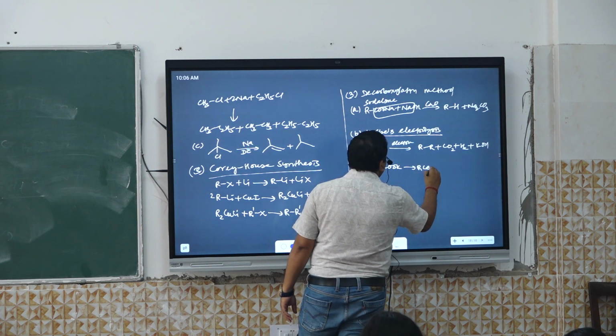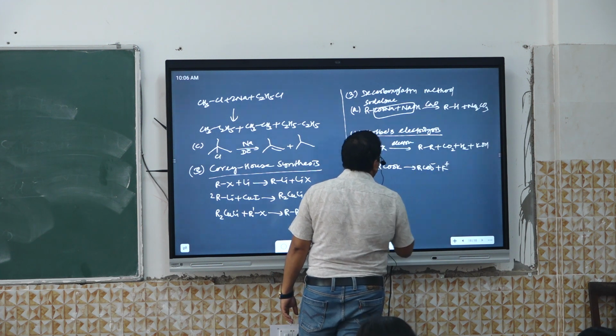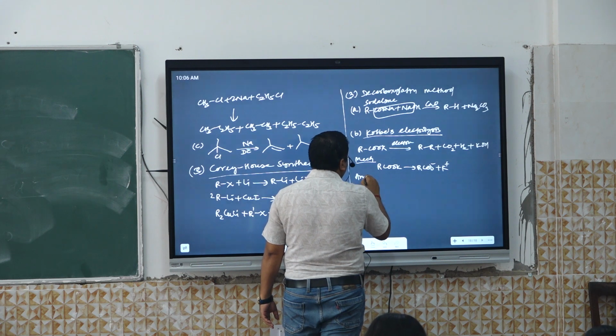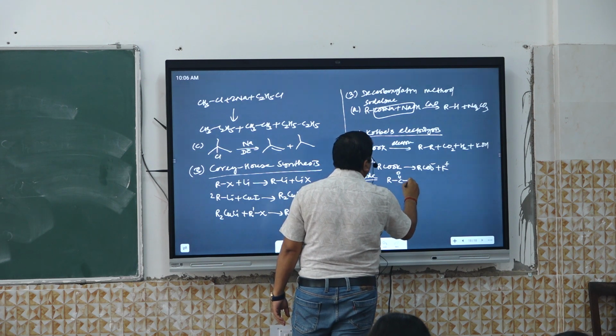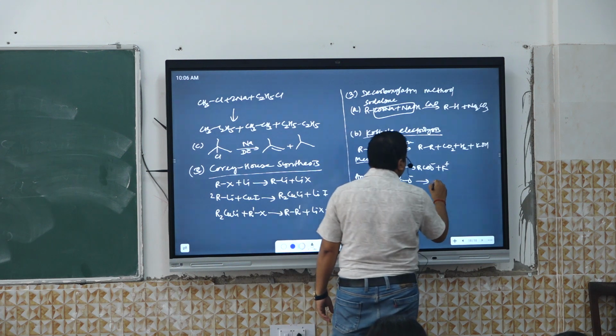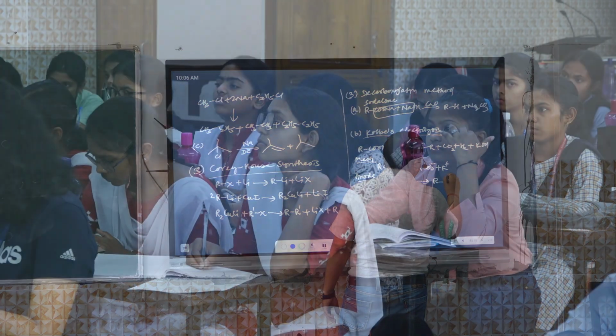That gives, then at the anode oxidation, so R, that will give the free radical.